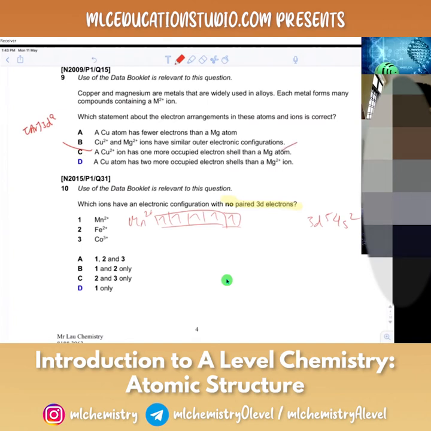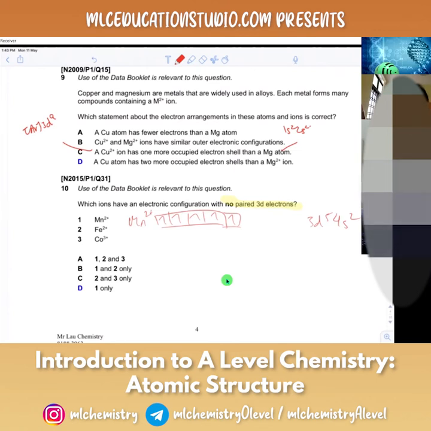Then magnesium? 2p5. 2p5? How did you come up with your configuration? Because at first it is 3s2, then after they minus 2, it will become 2p5.